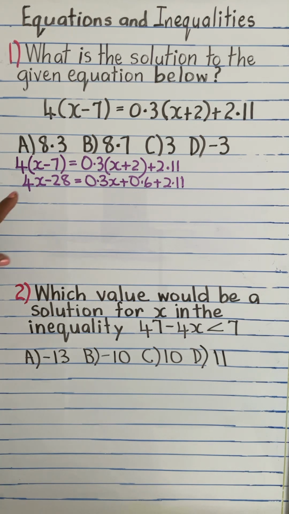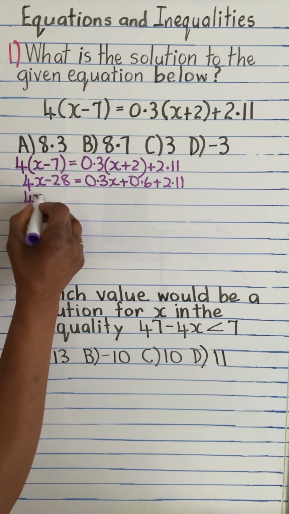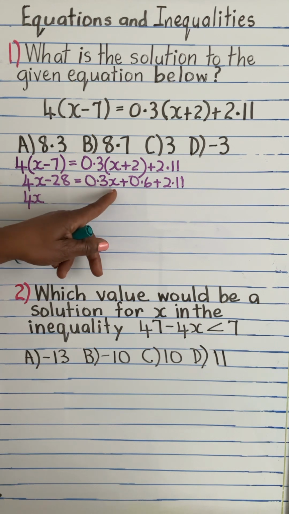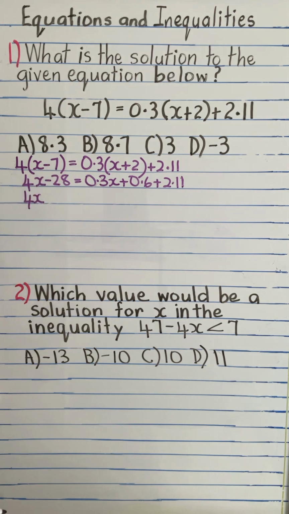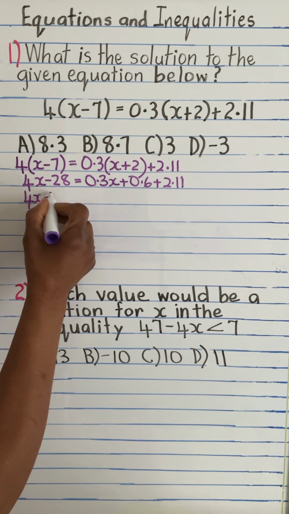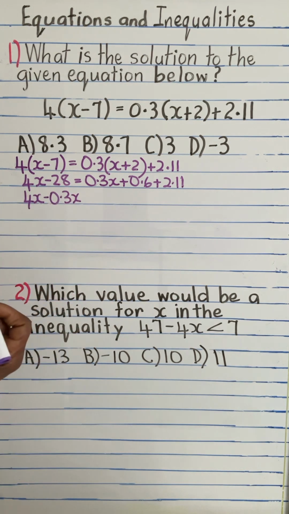You're going to have the x's on this side. So we have 4x, and we need to get rid of this 0.3x from this side. In order to get rid of this positive 0.3x, we have to subtract 0.3x from both sides.